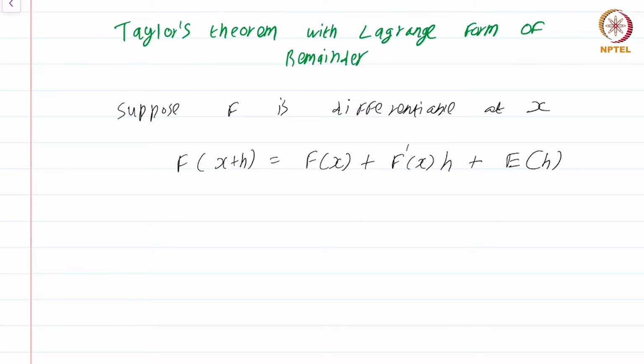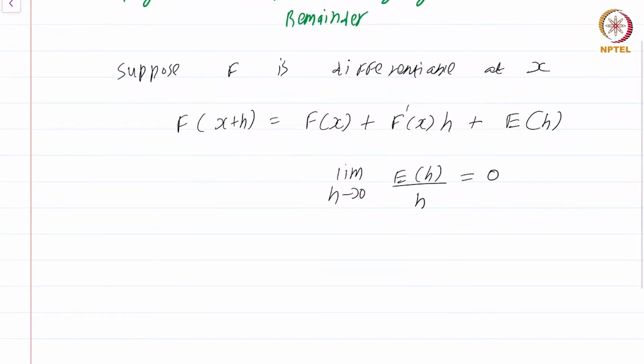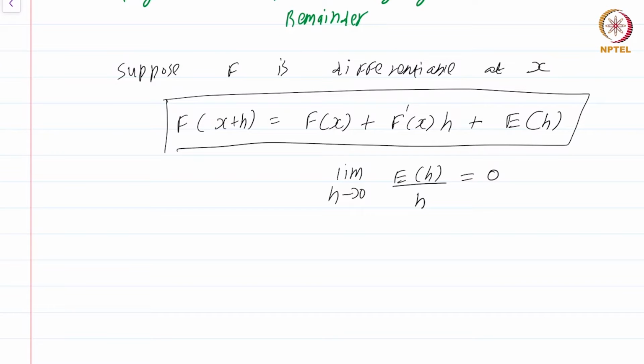And this error term has the property that limit h going to 0 of the error term divided by h is equal to 0. So this approximation is a reasonable one, a reasonably good approximation.